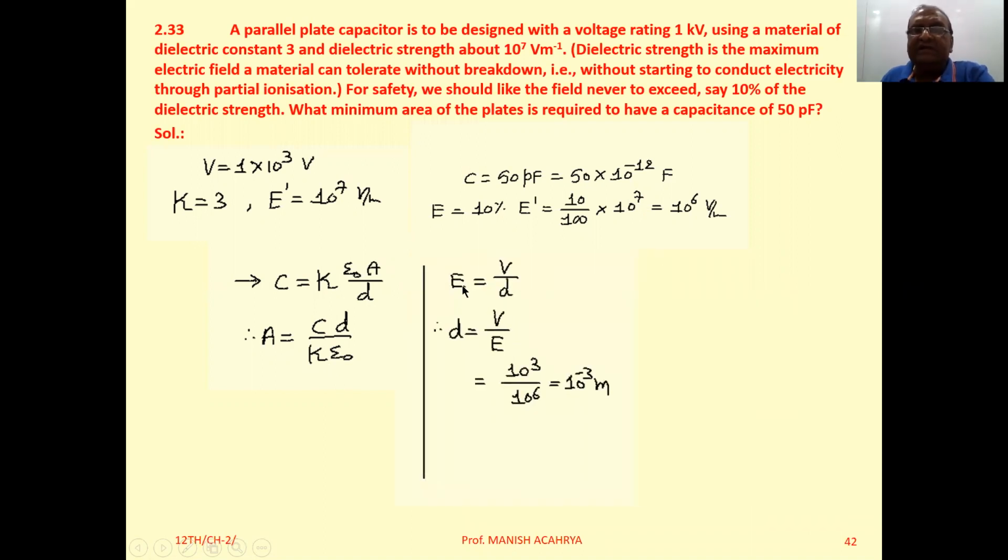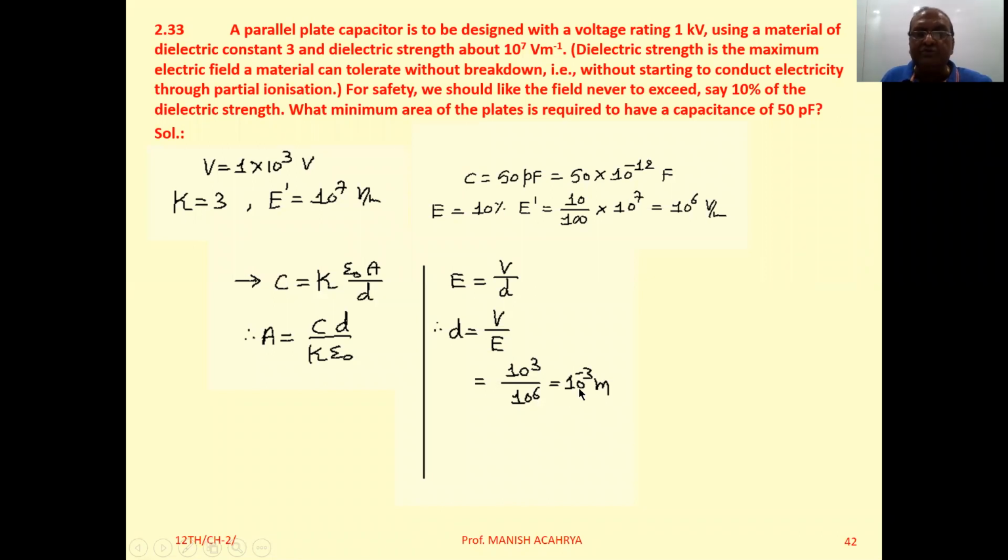Now the electric field E between the two plates of the capacitor is given by E equal to V by D. Here there is no information about D, so replace D by V upon E. V is given to you, 10 raised to 3, and E we calculated as 10% of the dielectric strength, 10 raised to 6.